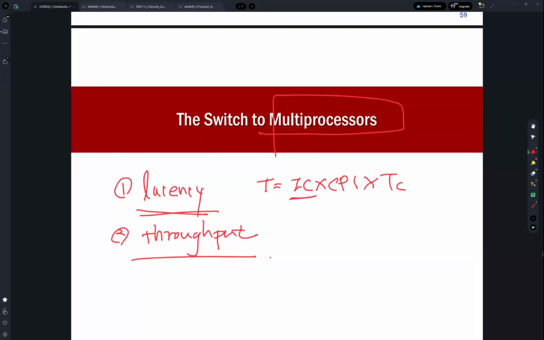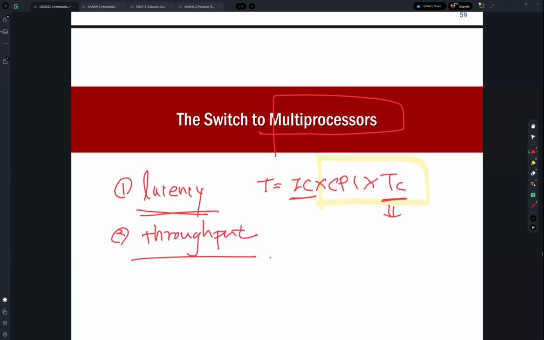Hardware can improve the CPI by improving the microarchitecture, or TC. We can reduce the clock period with better semiconductor technology.